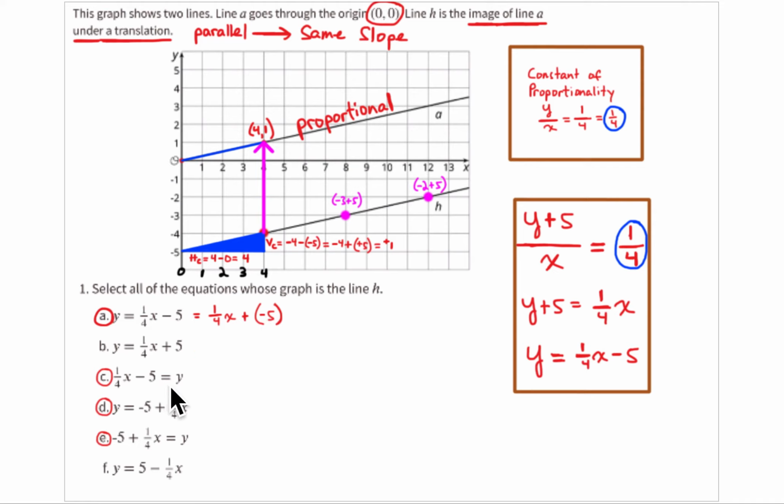C does, however, because all they've done with C is they've taken y and moved it over to the right side of the equation and taken what's on the right side and moved it over to the left side of the equation. You can do that. This is like a balance. So if you take this amount and move it to the left and take this amount and move it to the right, they are still equal to each other.